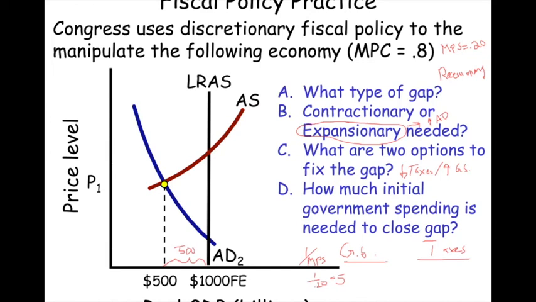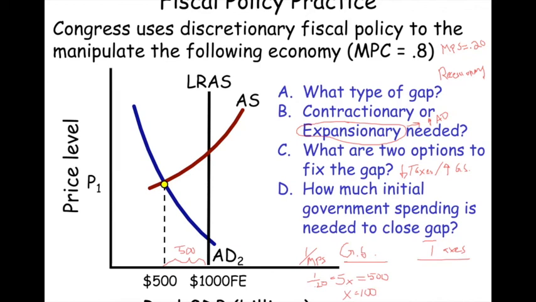So whatever government spending I decide to do, I have to take into account my multiplier, which is 5. So 5 times whatever I do with the spending, and the outcome I want is a change of 500 in my AD or GDP. Solve for x. This particular problem would be 100. So the government needs to spend $100 to fix this, or I should say 100 billion. $100 billion to fix this problem.